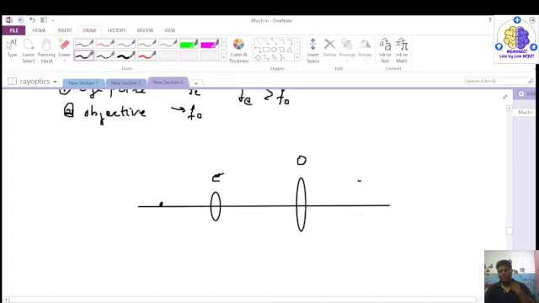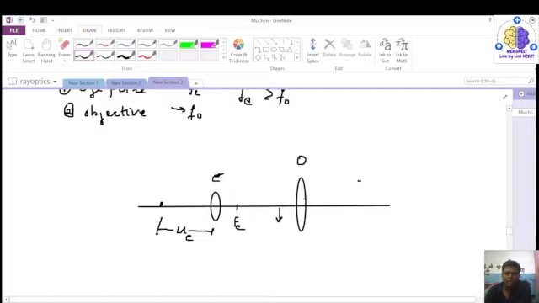The object is kept in front of the eyepiece, and the object distance is adjusted in such a manner that the image formed, and suppose this is the focus of the eyepiece, and here is the object. Now the object position is adjusted such that a real and inverted image is formed. Suppose the real and inverted image is formed at this point, right?